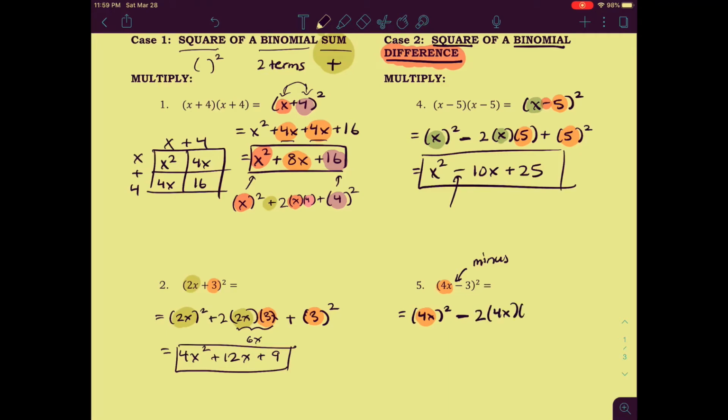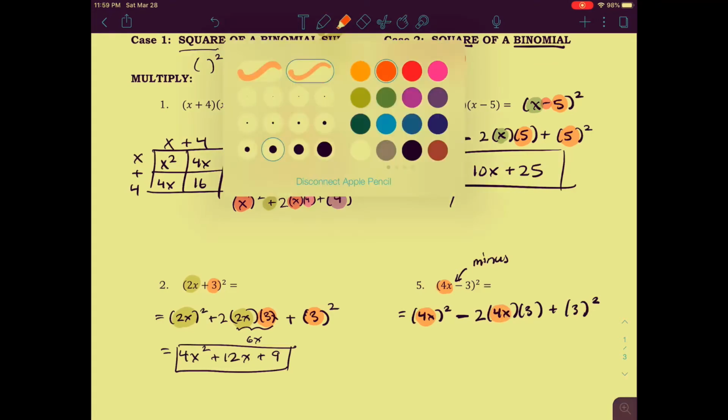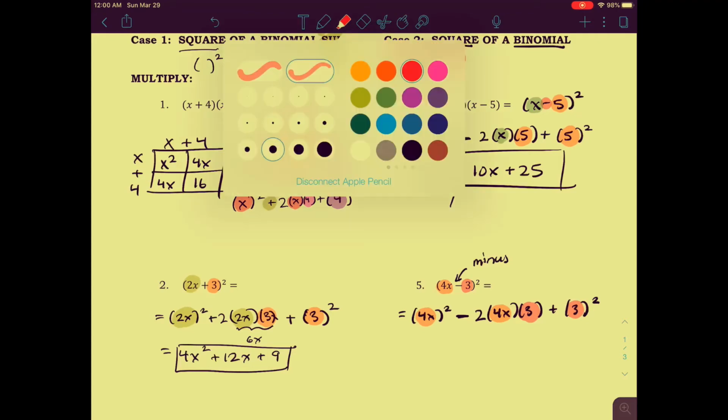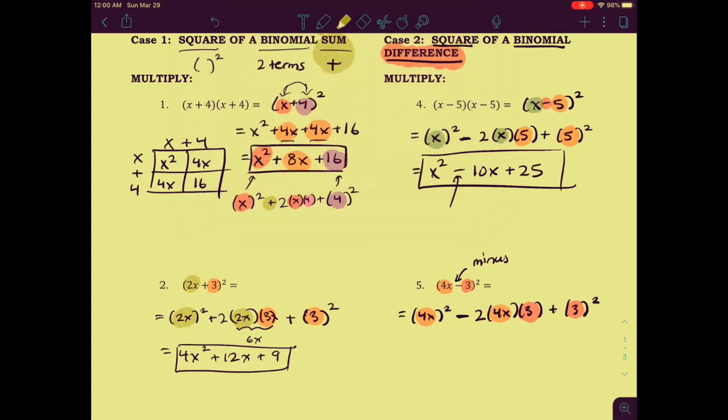I'm going to put the first term of my binomial and then the second term of my binomial. And then I'm going to add 3 squared. So again, it's a very similar structure to what we've been doing. Hopefully you can see where that all comes from. And again, really be careful with this minus sign. It's so easy to forget, okay?